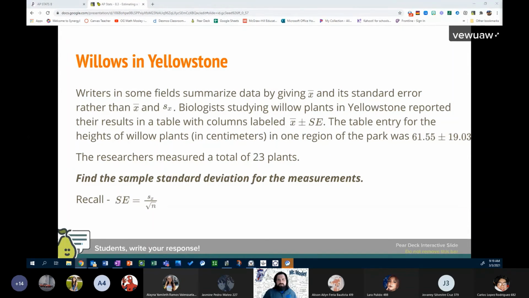It looks like I'm looking through your responses here, and some people are saying they're confused. Some people are saying my page contains an error. I'm not sure why Pear Deck is not cooperating today. I have to figure this out. If you are confused, would you mind telling me what's causing your confusion, or something I can clarify, or something you'd like to see that might help?